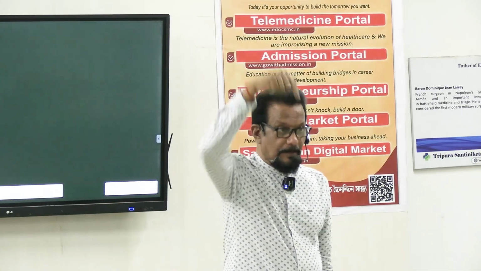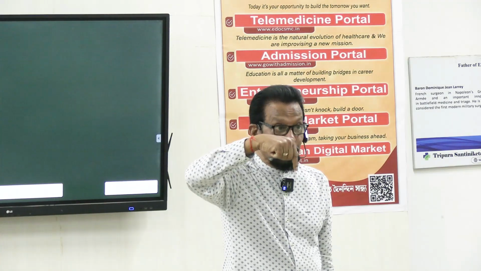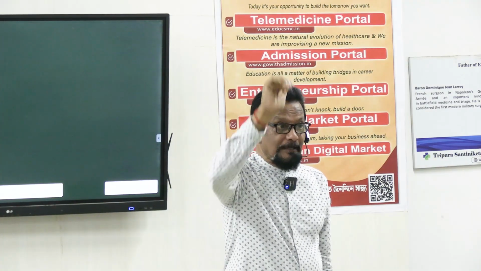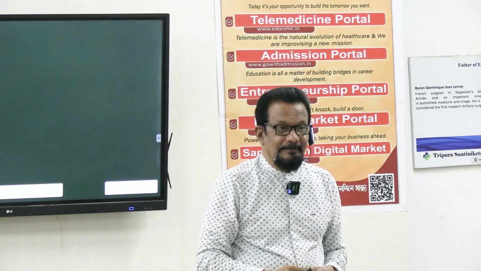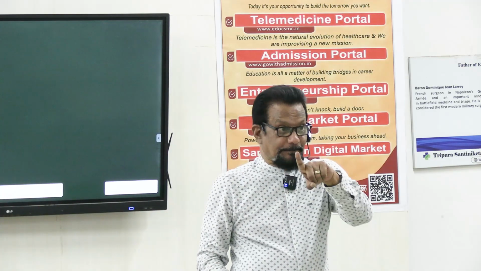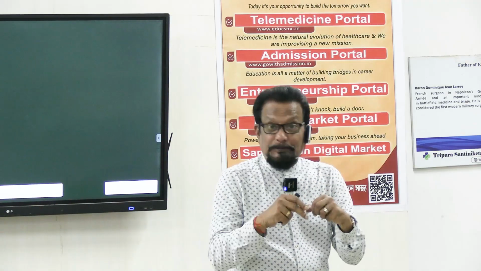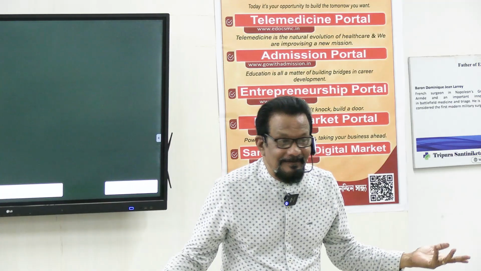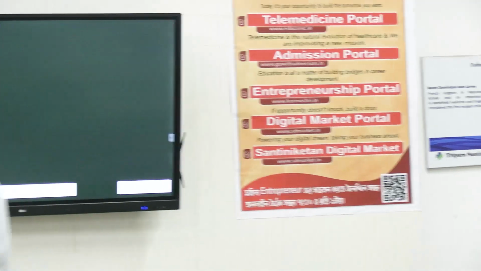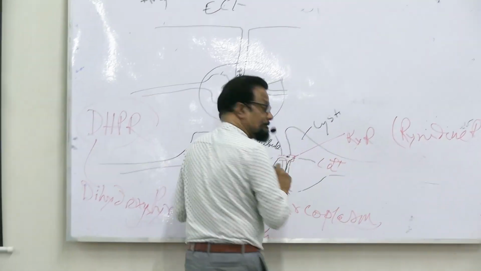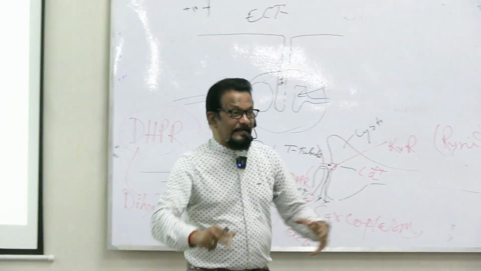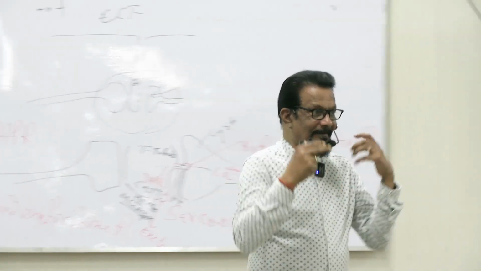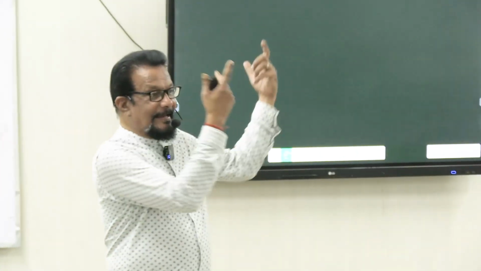When the release of calcium ion within the cell comes to a specific value, then what happens? Those receptors responsible for uptake of calcium ion will become activated. As a result, from the sarcoplasm, calcium ion will again be entering to their original position.